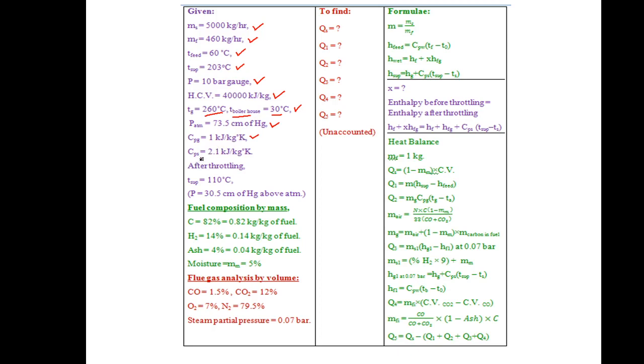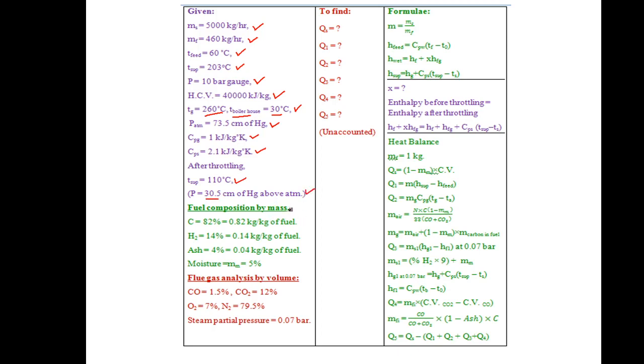Then specific heat of steam at constant pressure is 2.1 kilojoules per kg degree Kelvin, and after throttling steam becomes superheated, that is, temperature of superheated steam after throttling is 110 degrees Celsius, and the pressure of steam after throttling is 30.5 centimeters of Hg above atmosphere.